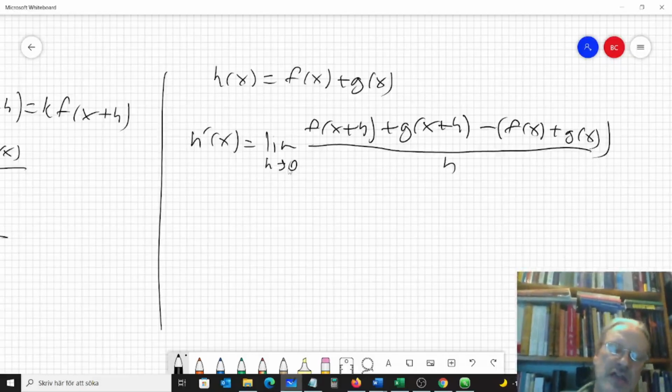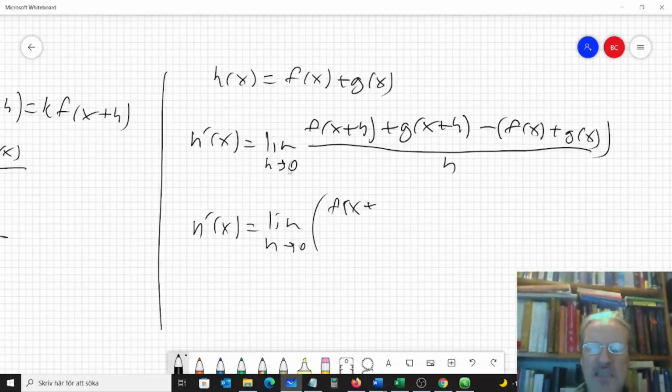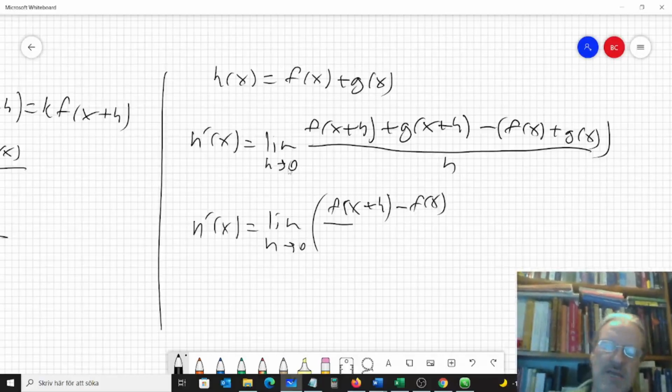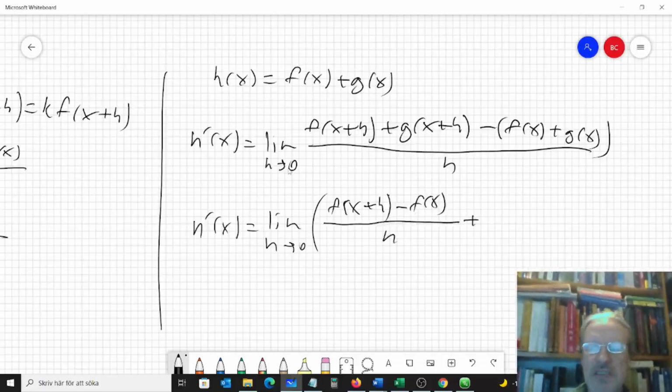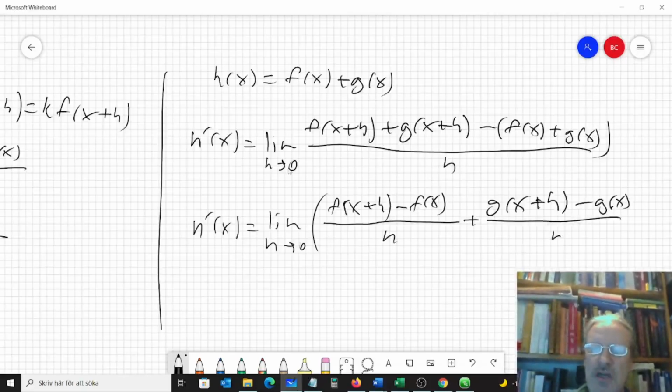But we can rearrange this to the limit as h goes to 0 of f of x plus h minus f of x, divide that by h, plus g of x plus h minus g of x over h.